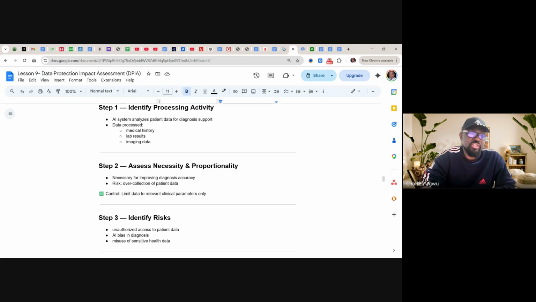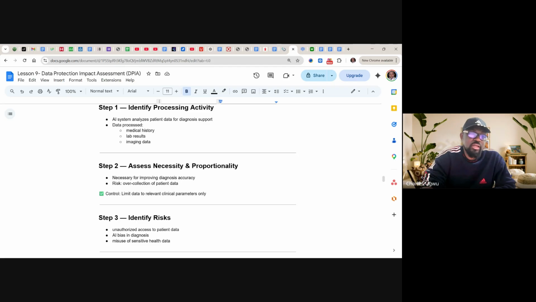I say it's necessary for us to carry out this processing activity. We must collect this data. Is it compulsory? Yes, it's compulsory. So we need it for improving diagnostic accuracy. So we cannot do without collecting that data. That is a necessity. It's very necessary.